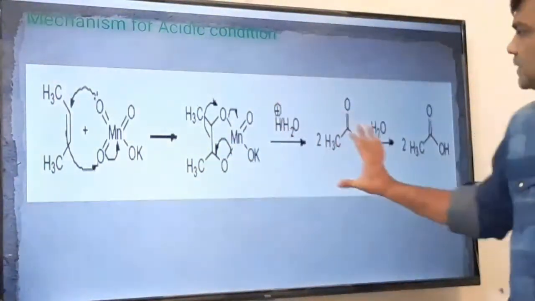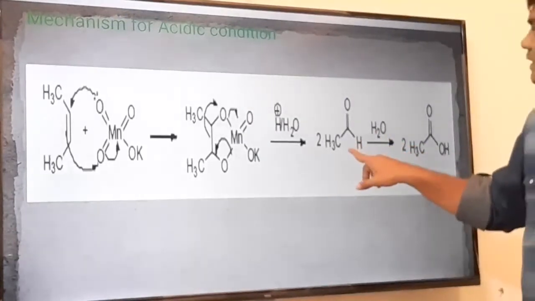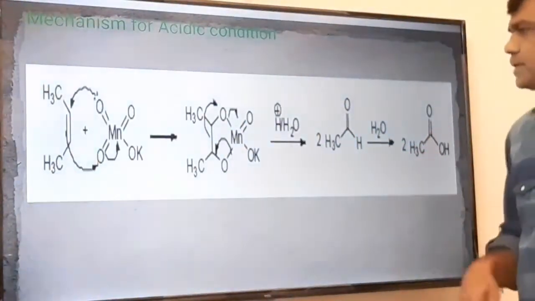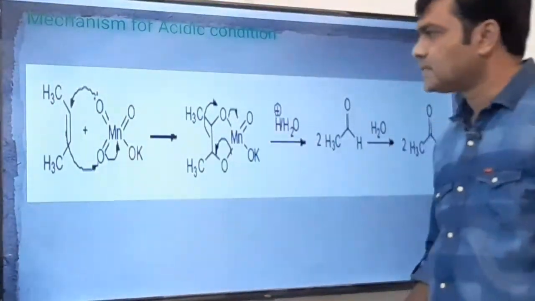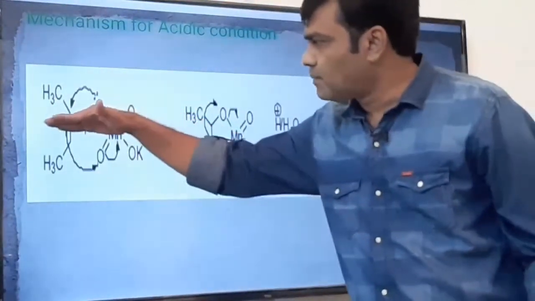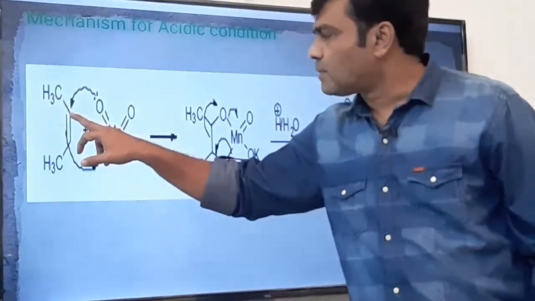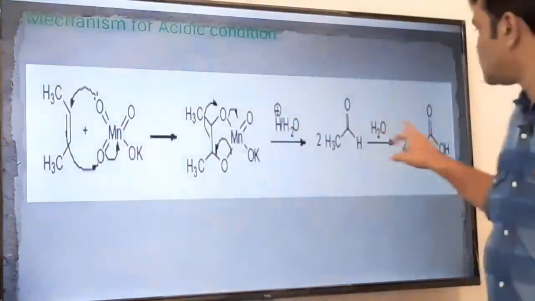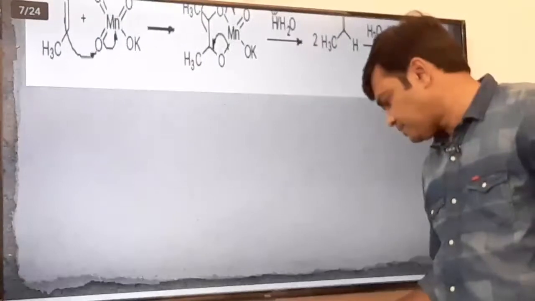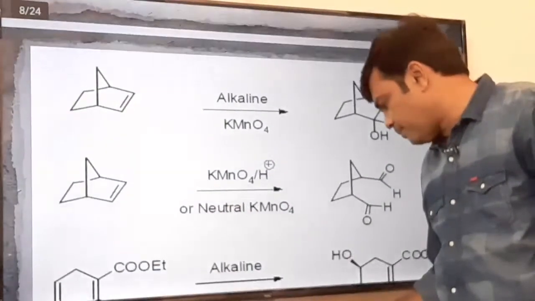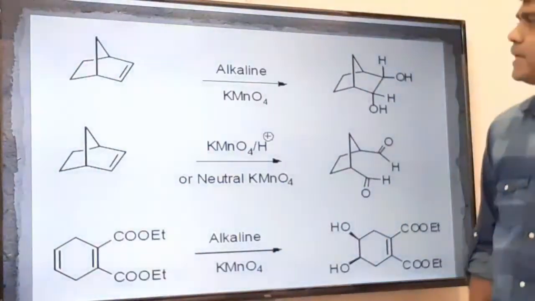So two molecules of acetaldehyde are obtained in acidic condition, which on further oxidation are converted into acid. That's why the overall net product is like this, where the carbon-carbon bond cleavage takes place, and this carbon of the carbon-carbon double bond finally oxidizes to COOH. This is the mechanism in acidic condition. Okay. These are some examples of potassium permanganate in alkaline media.